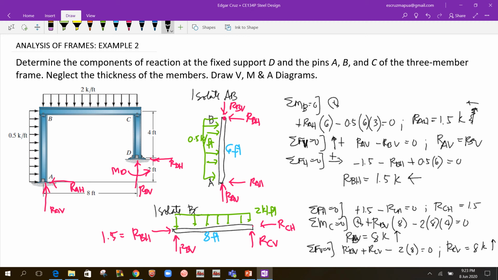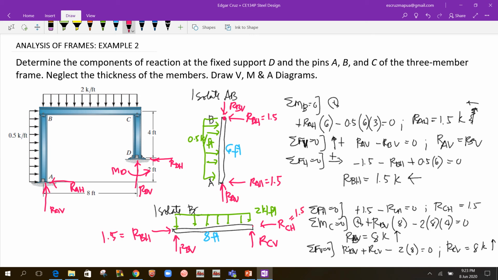Okay, so what else? Yung RBV din na to would just be the same with this RBV over here. Okay, so di bali, ano na ulit yan, lagyan natin dito yung sagot. So yung RAH is 1.5, tapos yung RBH ito is also 1.5, then RCH is 1.5 also.